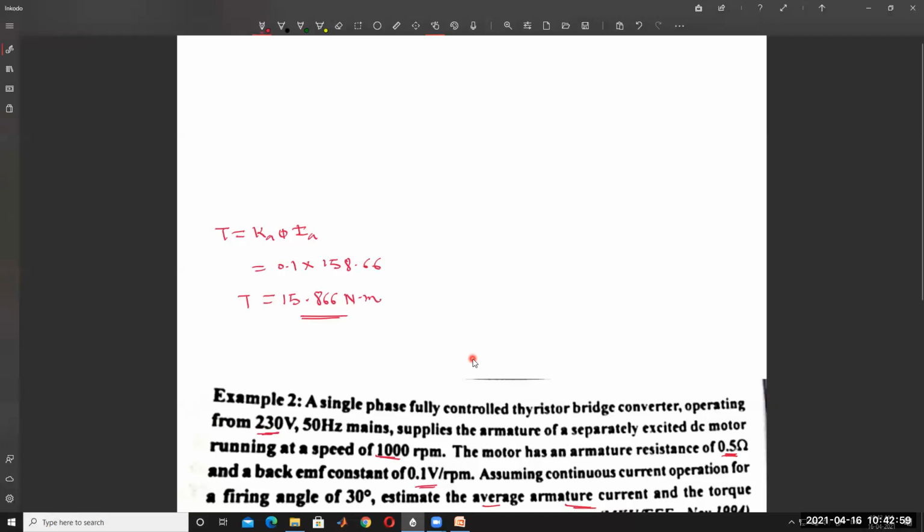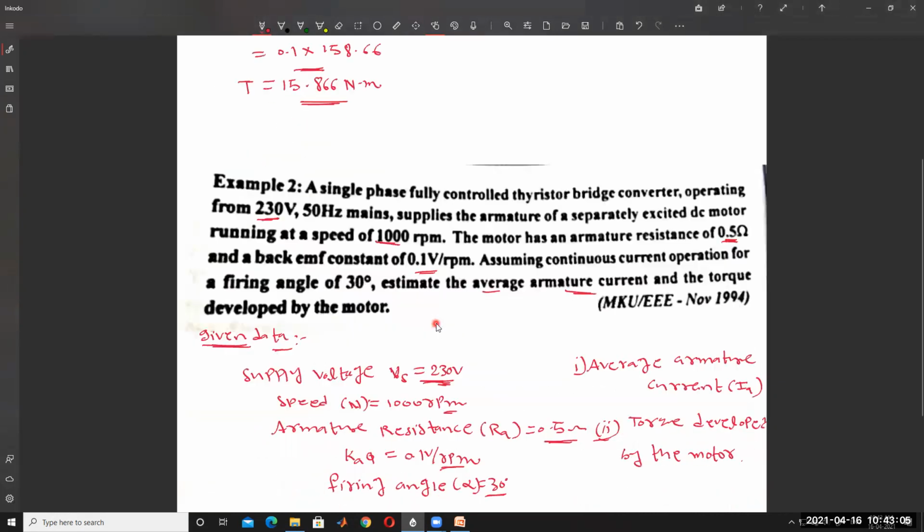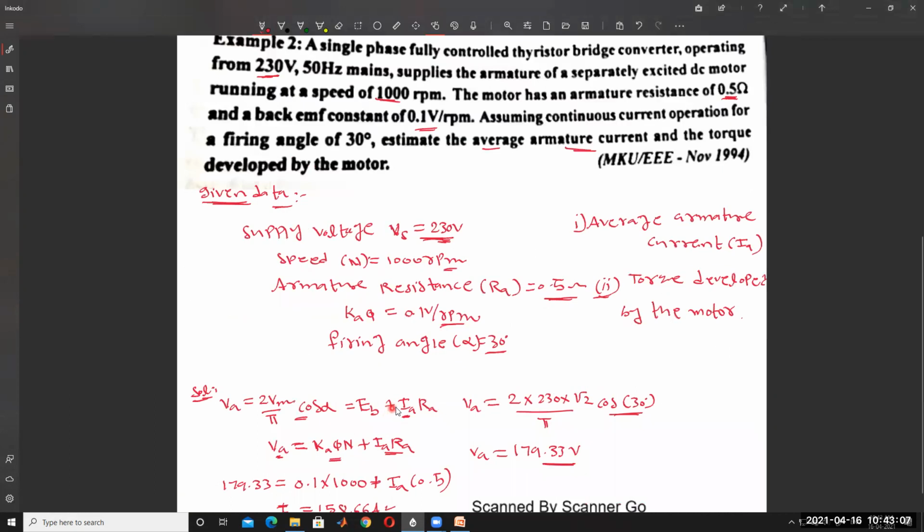This is the torque expression. It's simple; by knowing these formulas, we will get the answers.